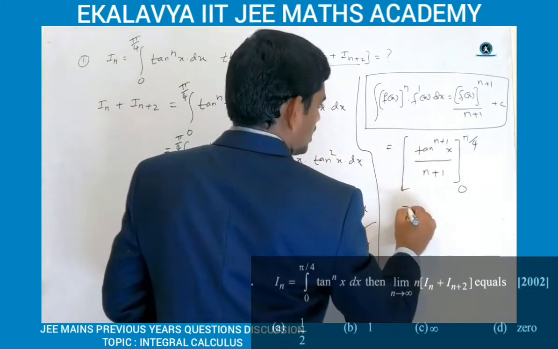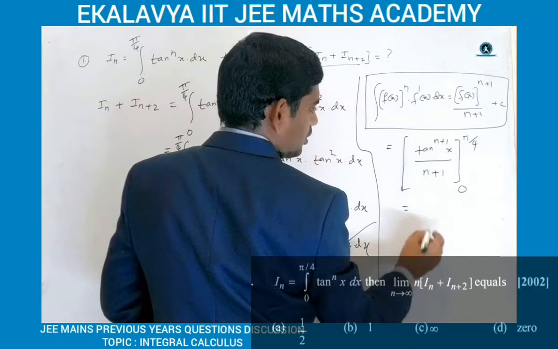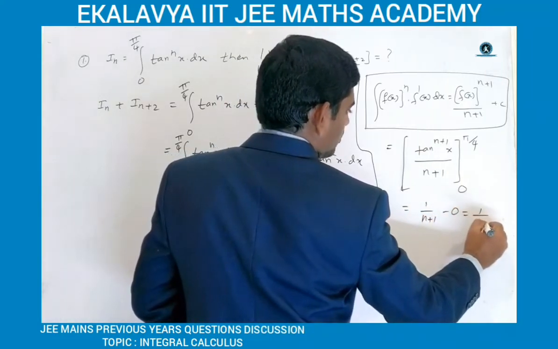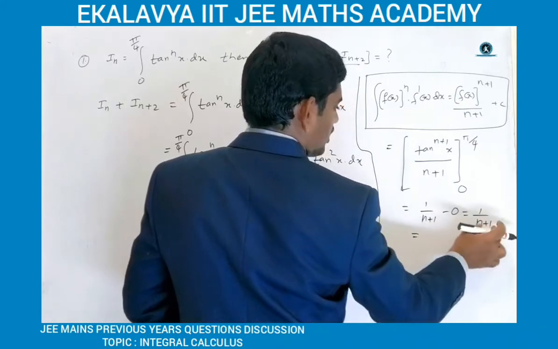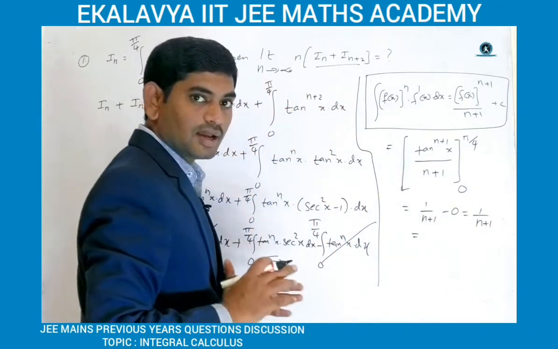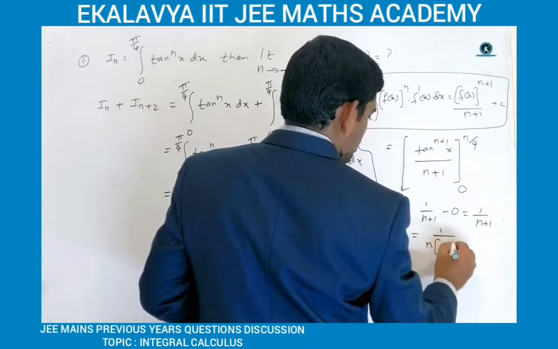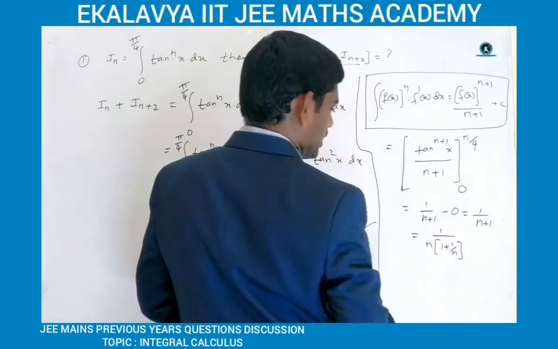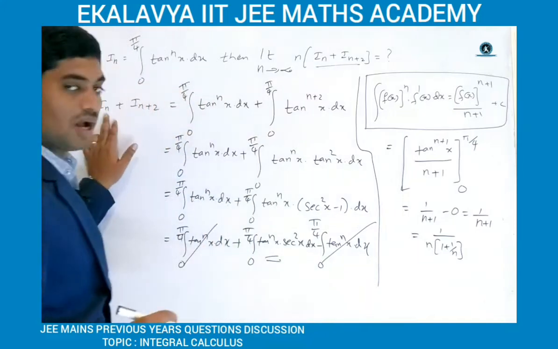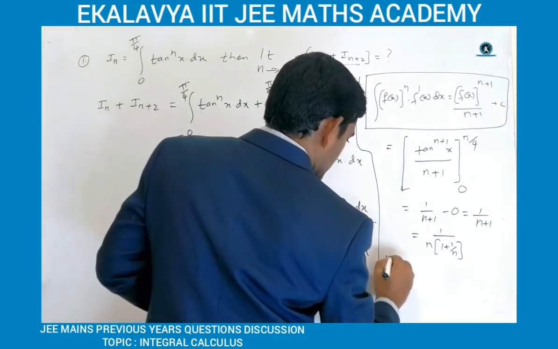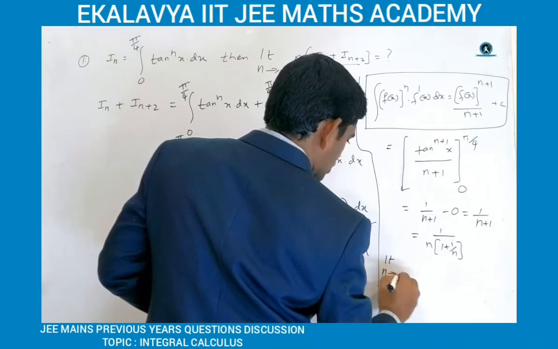If we substitute the limits, we get tan pi by 4, that is 1, by n plus 1, minus 0, which is equal to 1 by n plus 1. Now from this denominator I am taking n as common: 1 divided by n into (1 plus 1 by n). Left side we already have I n plus I n plus 2. Now I am taking a limit on both sides, limit n approaches infinity.